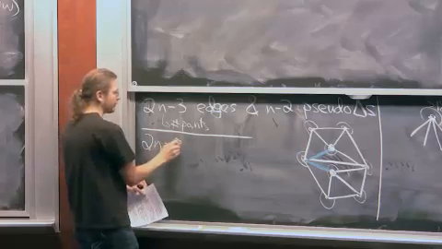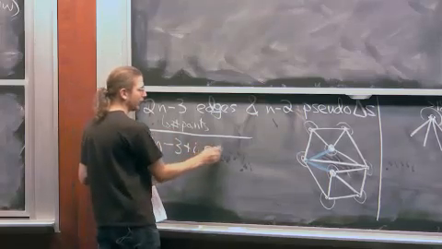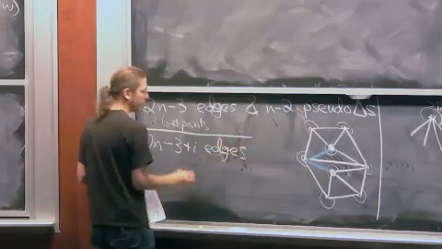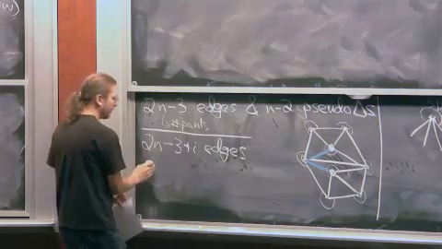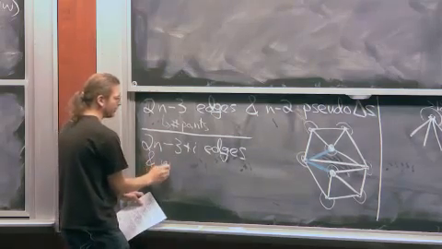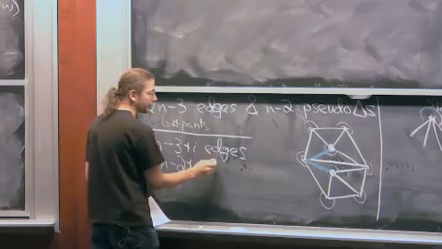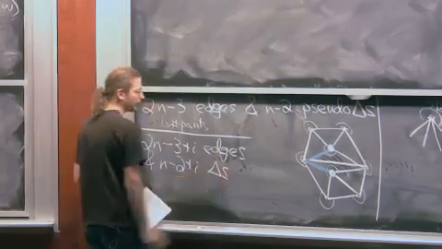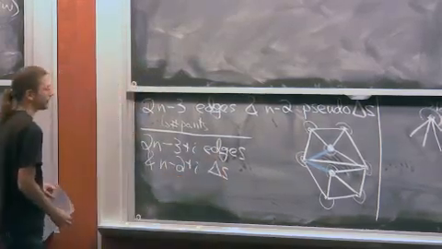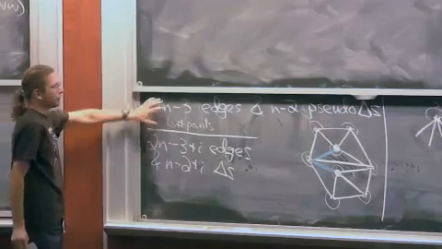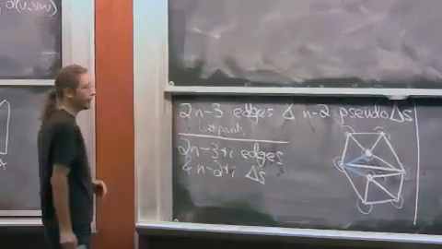So in general, it will be 2n minus 3 plus I edges for a triangulation, where I is the number of interior points. And it will have n minus 2 plus I faces, triangles. So pseudotriangulations are quite minimal in the number of edges.